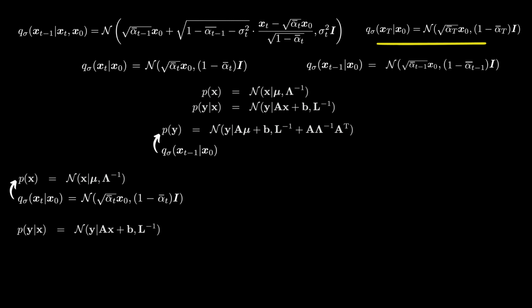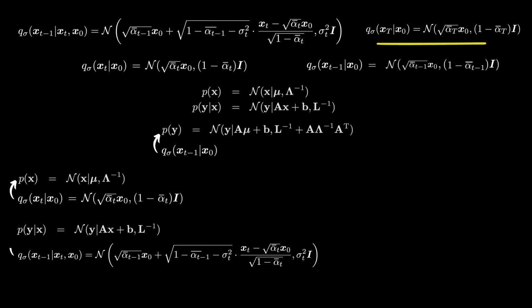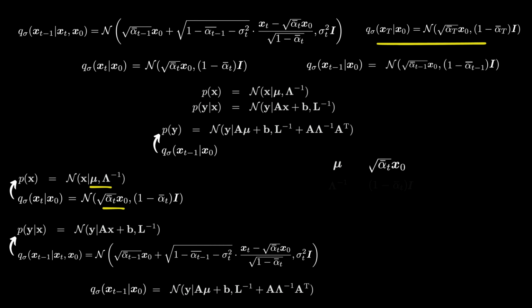P of y given x is q sigma of xt minus 1 given xt and x0. By matching the mean and variances, we can get values of everything involved in the formulation of p of y, or q sigma of xt minus 1 given x0. For example, using p of x and q sigma of xt given x0, we get mu as square root of alpha bar times x0. And similarly, these are the values of the remaining terms.